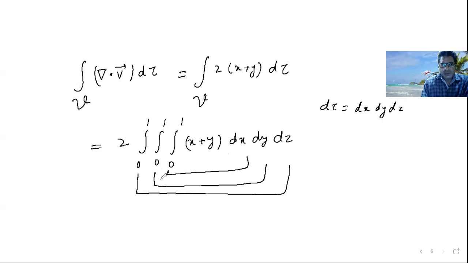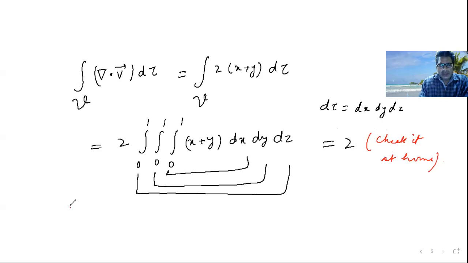So when you evaluate this, you try it. This integral after solving will give us 1, but outside we have 2. Check it at home. So this is your assignment. This will give me 2.